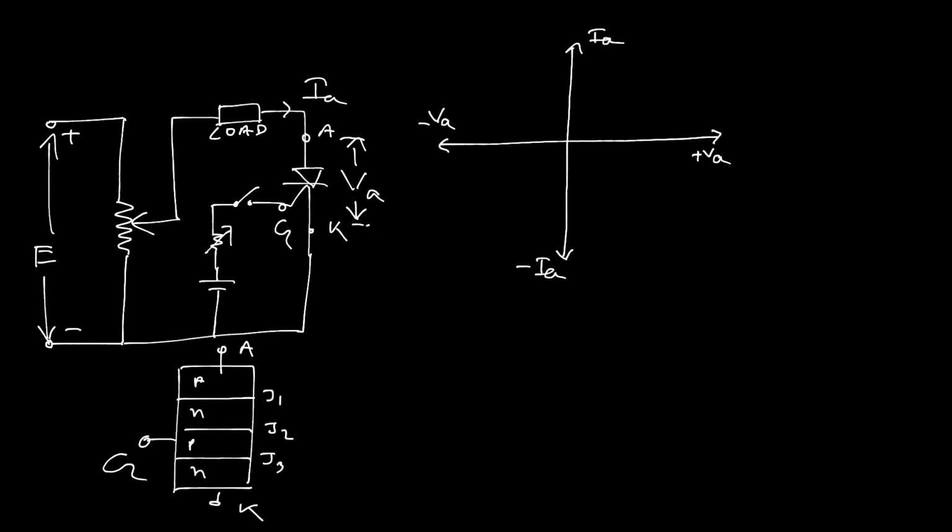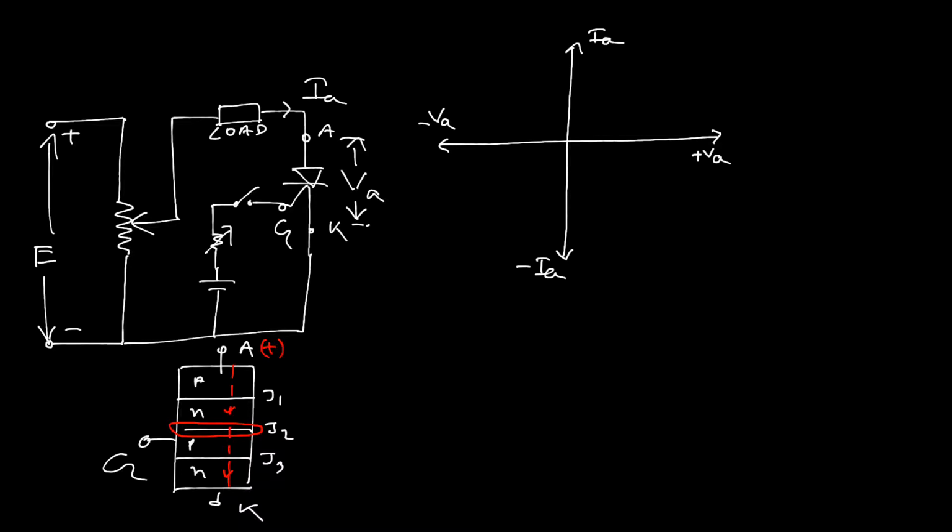When the anode is more positive with respect to the cathode and the anode current tries to flow in this way, junctions J1 and J3 are in forward biasing condition, but junction J2 is in reverse biasing condition. That is why initially a small leakage current flows through the device, but the device is still in the off state or blocking state.